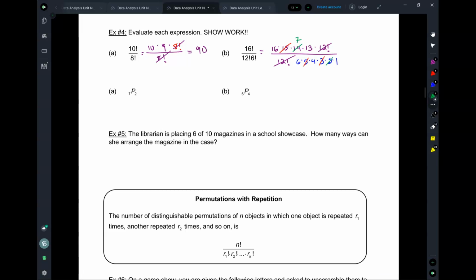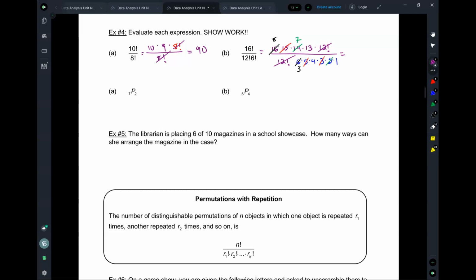You could do it more than one way, for sure. What else can we do? We can cancel out the 6 and the 16. I can divide by 2, so I get 3 and 8. But the 4 would be better. It's up to you. It's really preference.